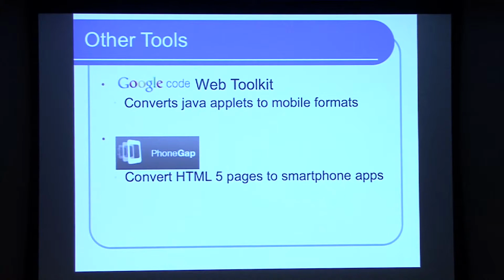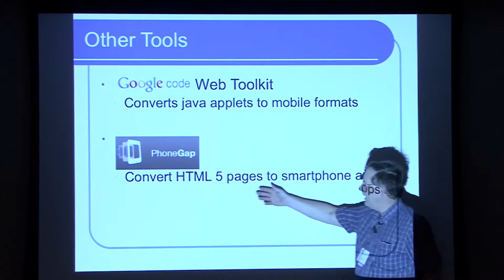Some other tools. If you have a bunch of old Java applets, Google Web Toolkit will convert a Java applet to HTML5 for you. Their demo you can watch online. They've actually taken Doom, the old computer game, and have it running purely in the browser in HTML5 now.